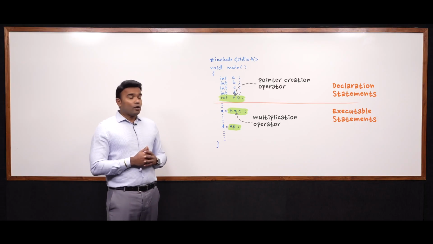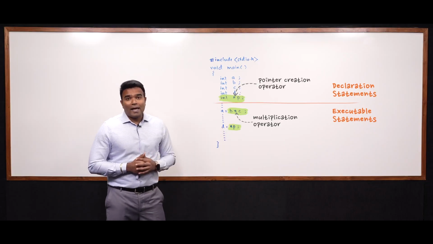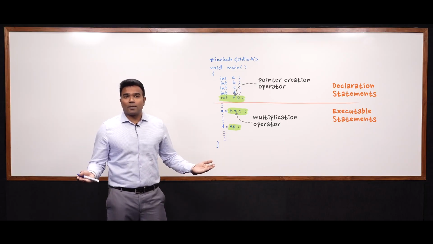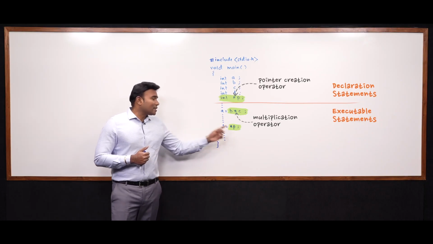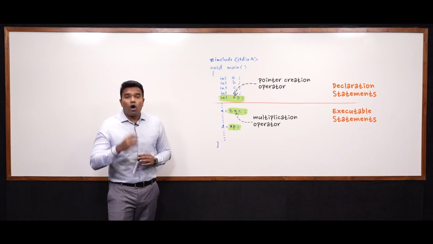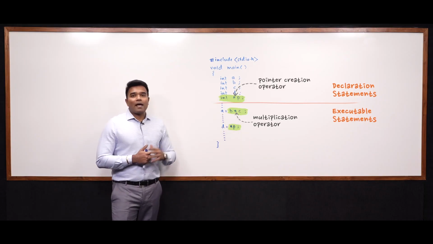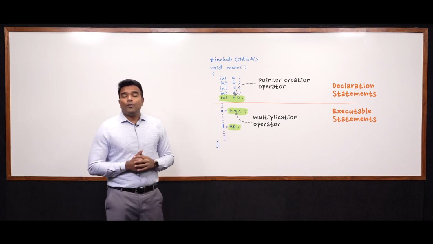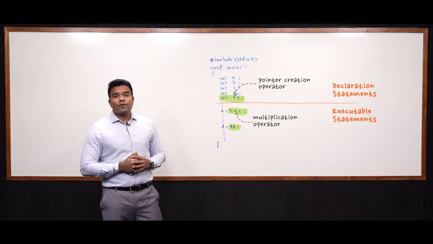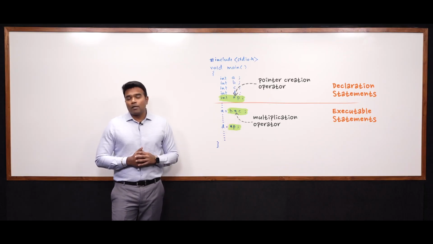Now, as you can notice, this happens to be an executable statement because the statement doesn't begin with a data type. Also, as you can notice, this star is not having two operands the way this star had. This star has two operands, B and C, and hence we would be treating this star as the multiplication operator.